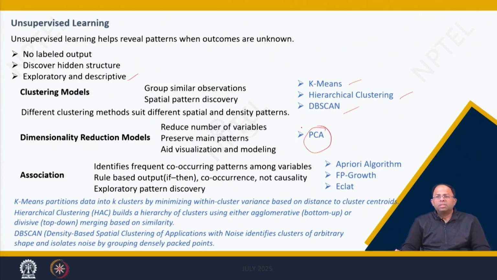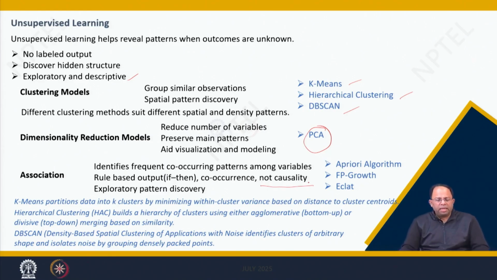And then coming to association rules, this is another type of unsupervised model which identifies frequently occurring patterns among variables. Sometimes it is based on rules like if-then statements, and sometimes it is based on co-occurrence. But whatever it is, it does not show causality. That means we are only identifying when things are together.